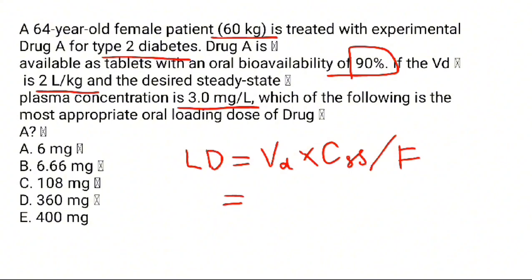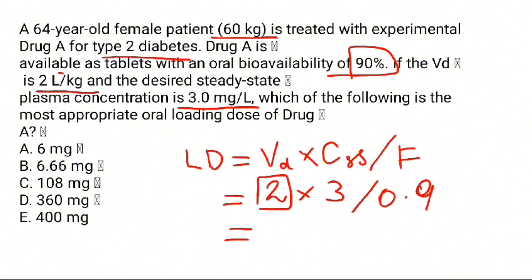Volume of distribution is given, which is 2 liter per kg. Steady state plasma concentration is 3, divided by F. 90% means 0.9, and when you multiply 2 by 3 it is 6, divided by 0.9, with 2 being 2 liter per kg, and we know the patient is 60 kg.